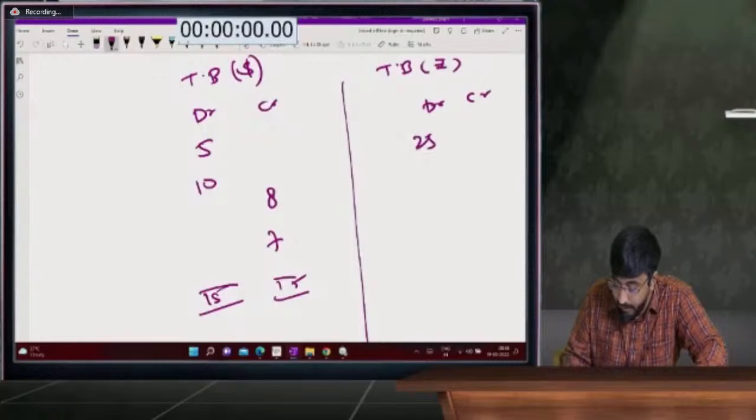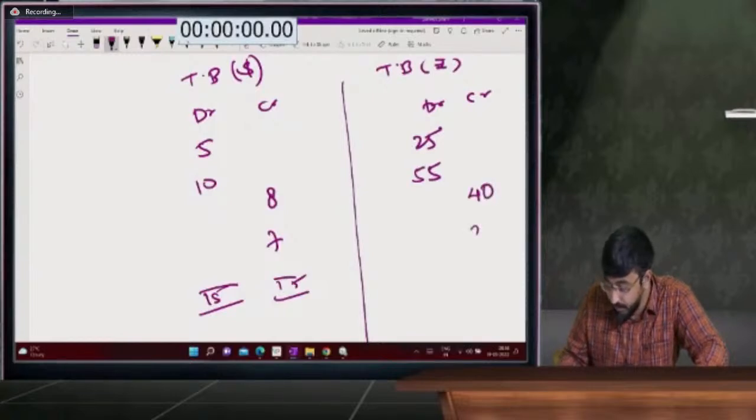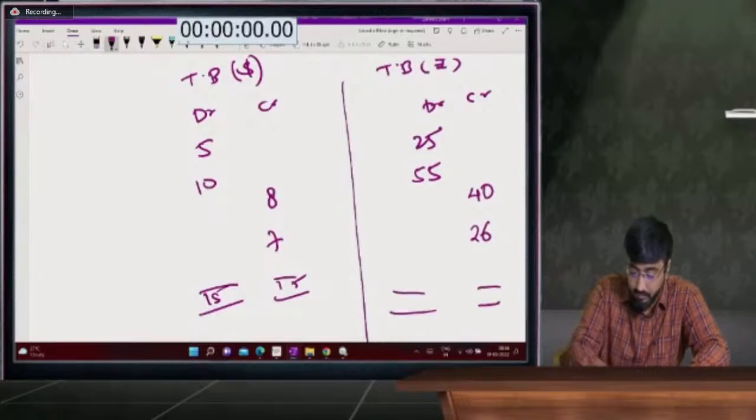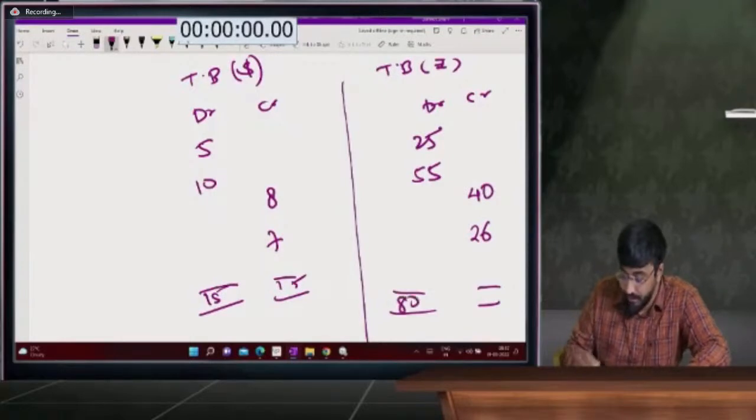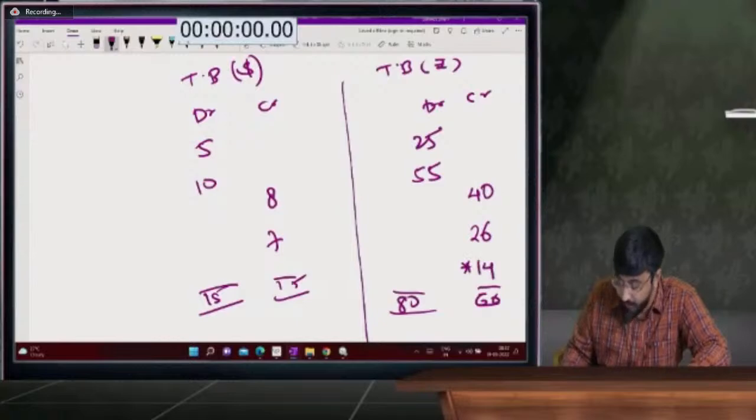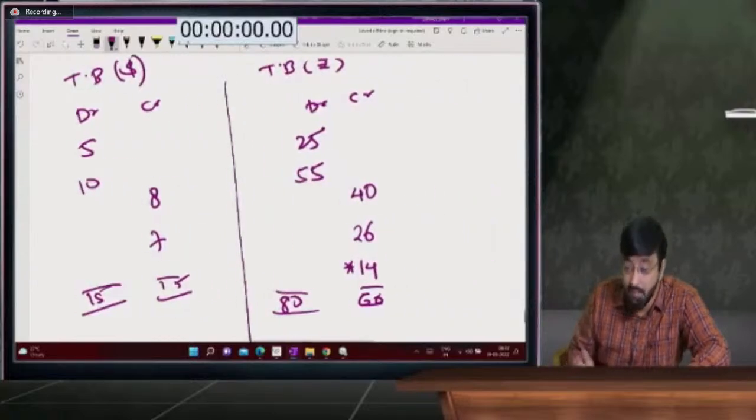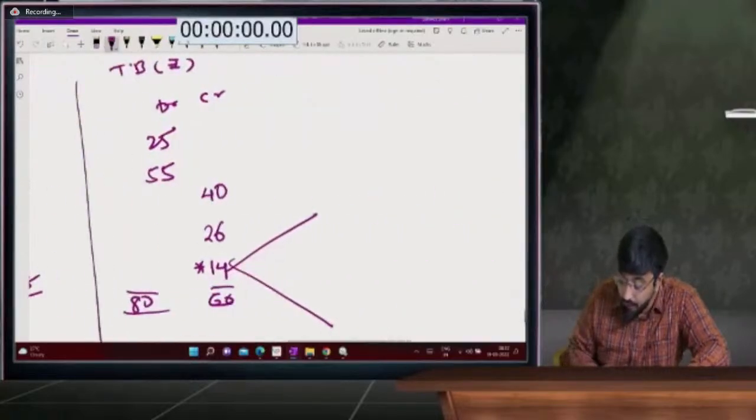Suppose 25, this is 55, and now after conversion, this is 40 and this is 26. So your trial balance is not tallying. Okay, so 25, 55, your trial balance total is 80, and here it is 66. So the balancing figure is 14.